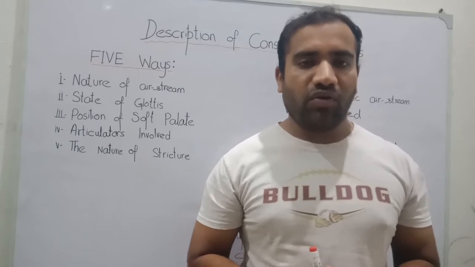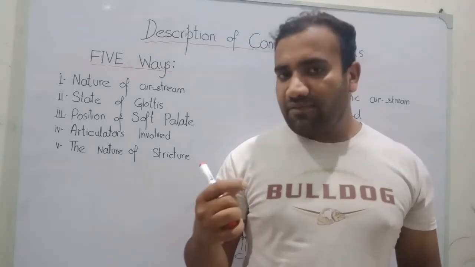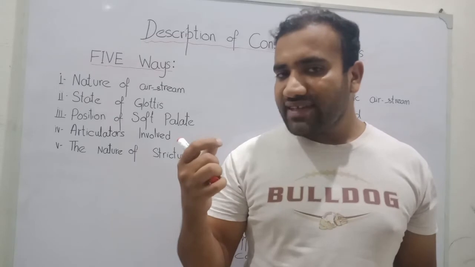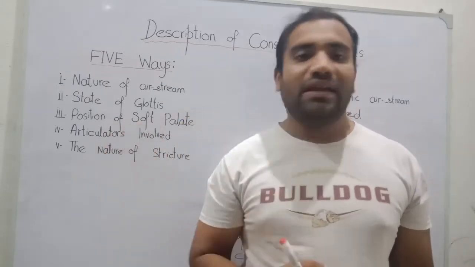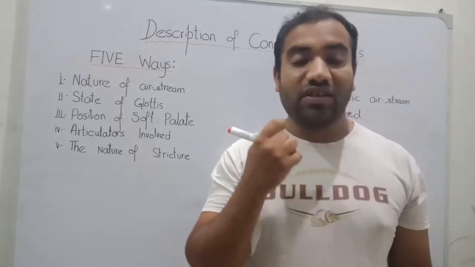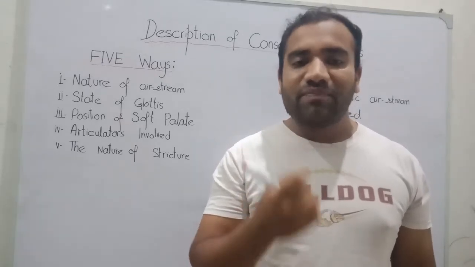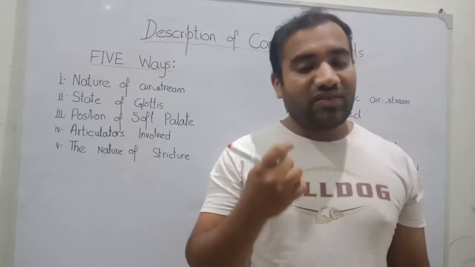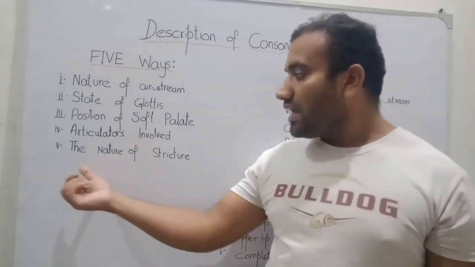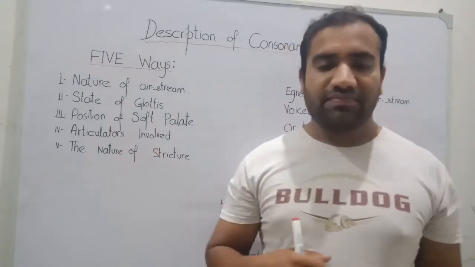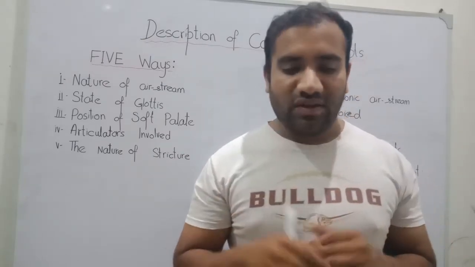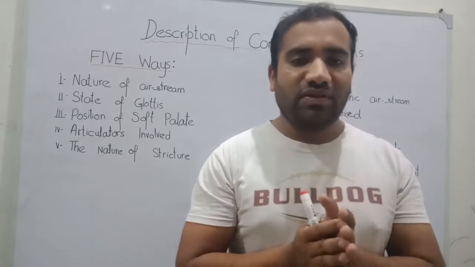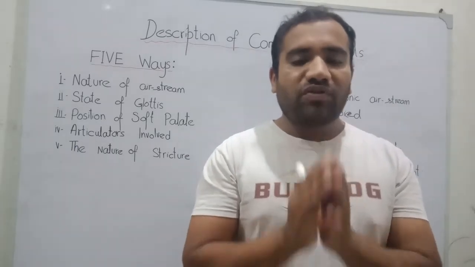If your tongue is moving, you can say that the active articulator tongue is involved. If your lower lip is moving, you can say that the active articulator lower lip is involved. The next is the nature of structure. You want to know what type of sound you produce.